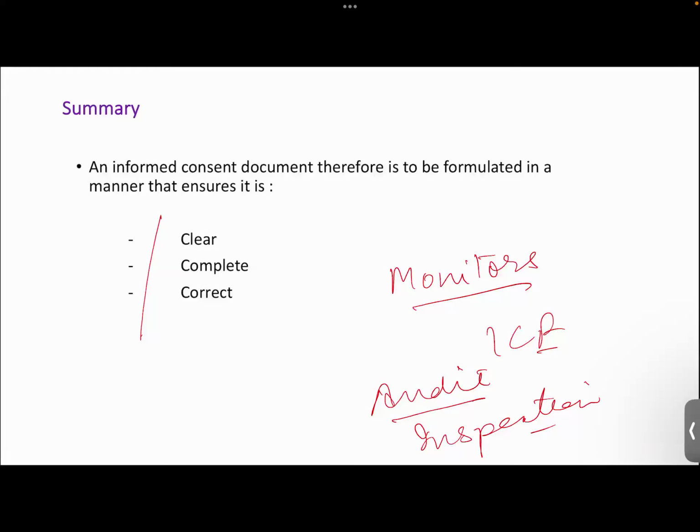Once we faced an inspection from a regulatory body, they reviewed just 5 files, and in those 5 files they reviewed the ICF of each patient, and they had a lot of questions on the ICF.